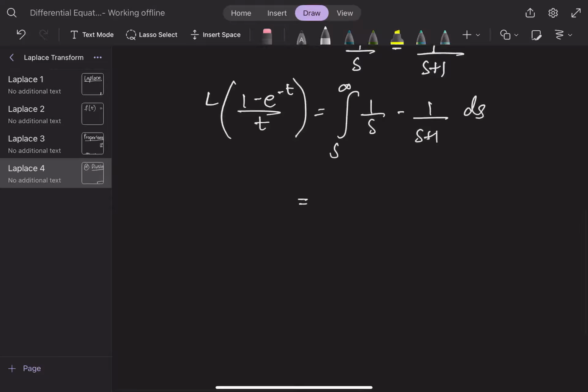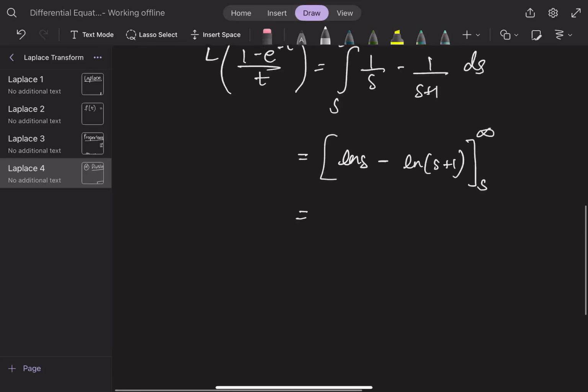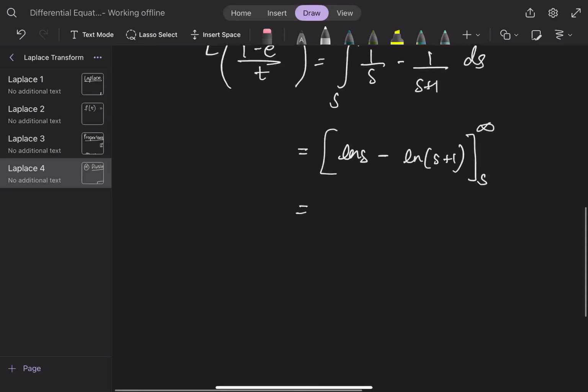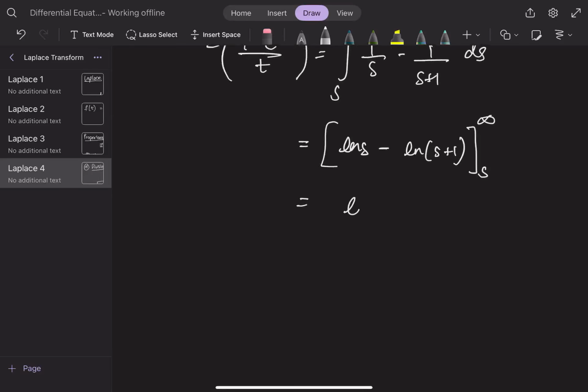So integral of 1 by s is ln s, and integral of 1 by s plus 1 is ln of s plus 1, s to infinity. Now, as you know, ln of a minus ln of b can be written as ln of a upon b.